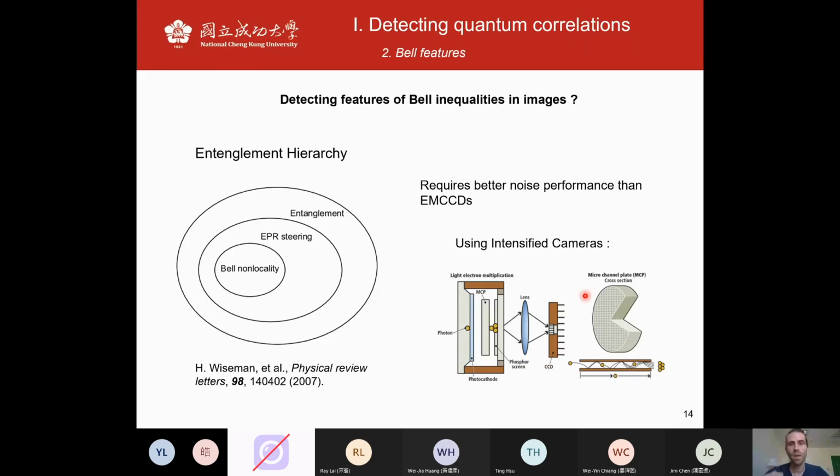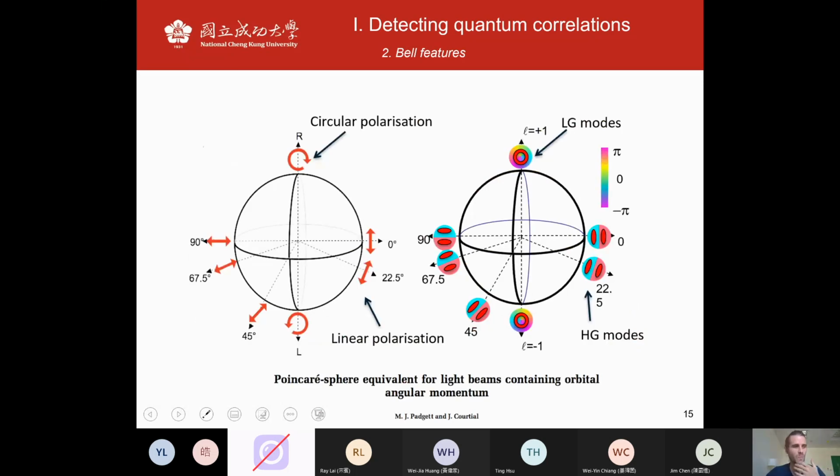So those cameras exhibit lower noise, especially because you can gate these microchannel plates with very short gates. But the drawback is that the conversion happening on the photocathode is really inefficient. So the efficiency will be quite poor, but you'll have quite low noise with these cameras.